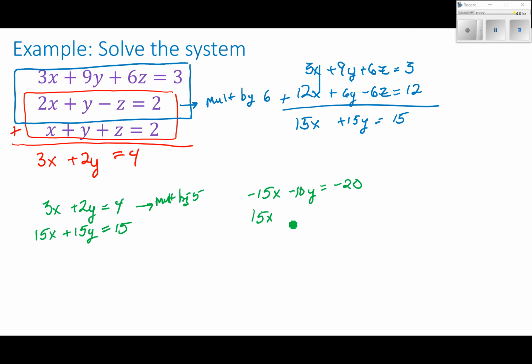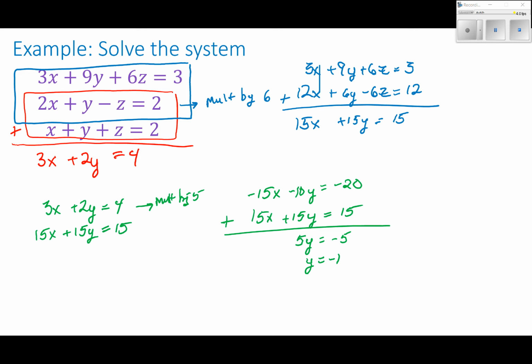And then I still have 15x plus 15y equals 15. Add to eliminate. So negative 10y plus 15y is going to leave me with 5y equals negative 20 plus 15, which is negative 5. So therefore, y equals negative 1.